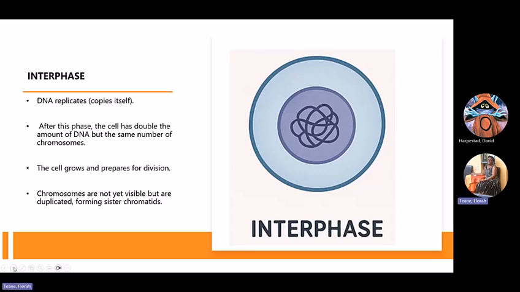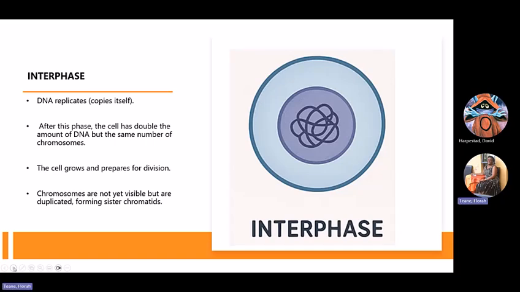Here is the interphase. I've already indicated what is happening in the interphase. It is not a cell division as such, but this is the phase where a cell prepares itself to divide.